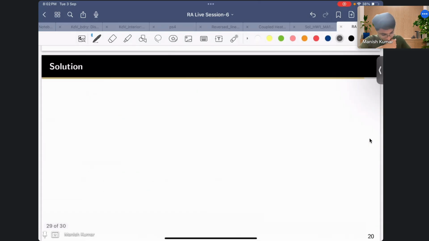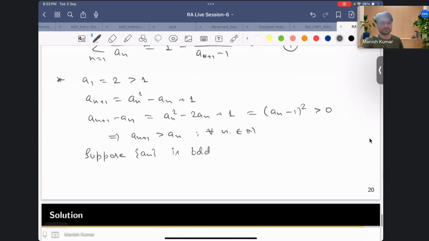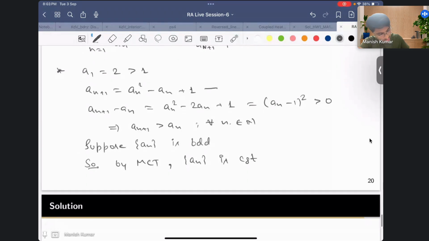Then what can you say? a_n is convergent by the monotone convergence theorem, right? Now you just pass the limit in this identity.